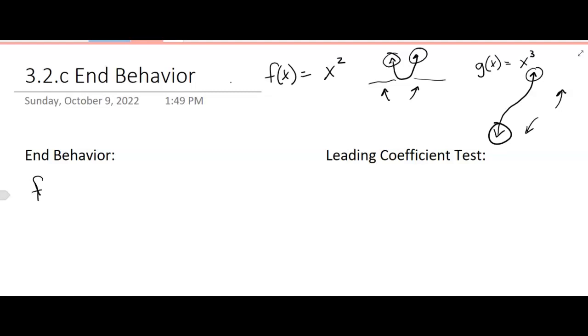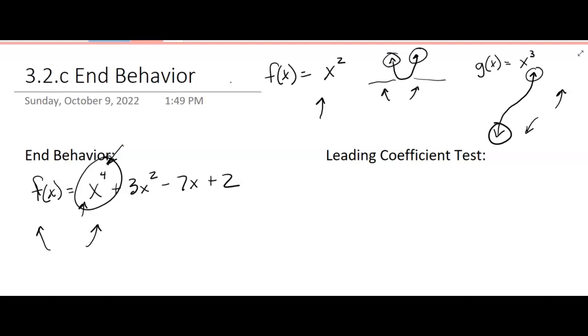Now, if you have a function like x to the fourth plus 3x squared minus 7x plus 2, we're going to look at this leading term. Because it has an even exponent and the coefficient is positive, it's going to go up to the left and up to the right.